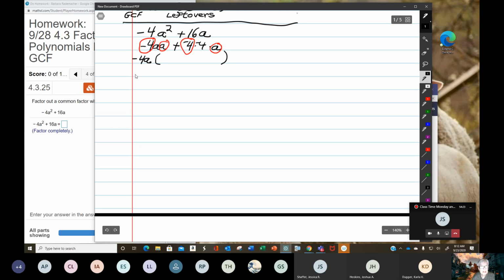But as always, I like to mark out the numbers I've already used so I do not use them again. You might or might not have to do that. There's a leftover here in the first term, a. Oops, I didn't mark out that a. That's dangerous. Okay, here's a. It's a leftover. Plus, and a negative 4.